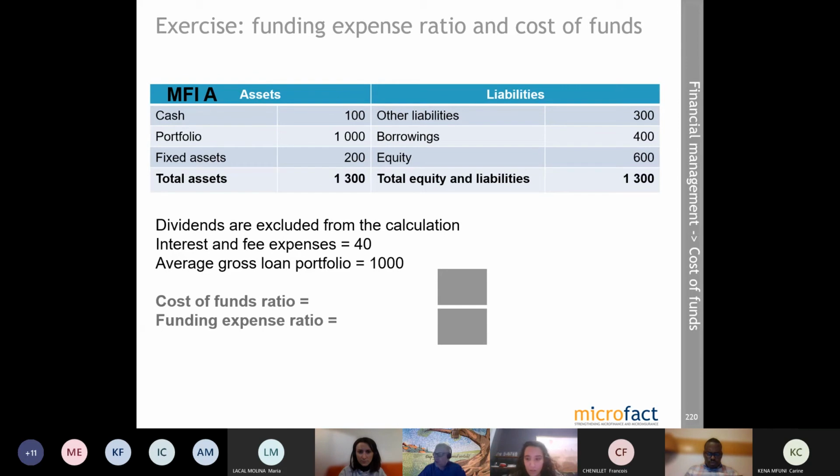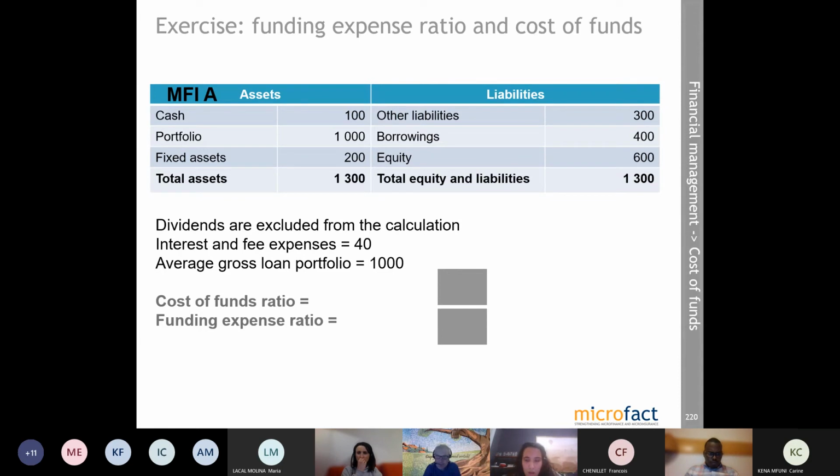So the funding is done by borrowings, 400, and equity 600. But the main funding resources, so the funding is coming in.